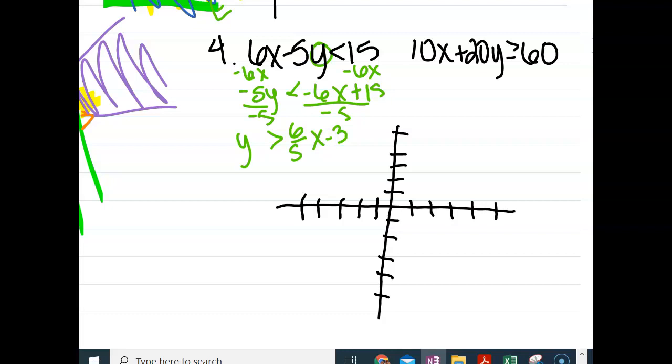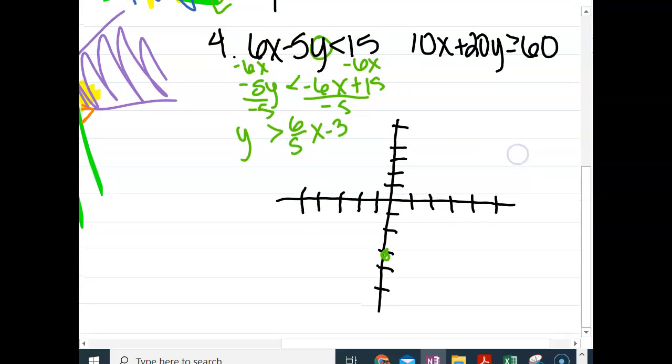So we can go ahead and graph this one. Down 3, put a point. My slope is 6/5, so we'll rise 6, run 5, all the way over here. Let me put a point. And is this going to be a solid or a dotted line? Dotted, good.